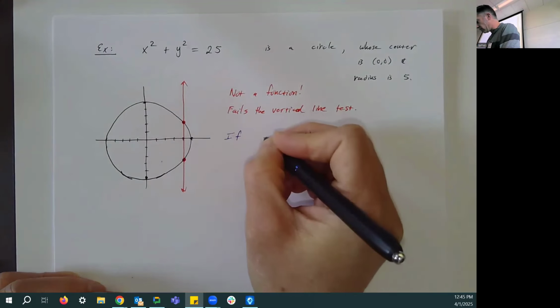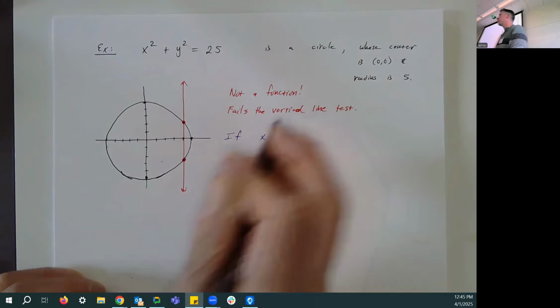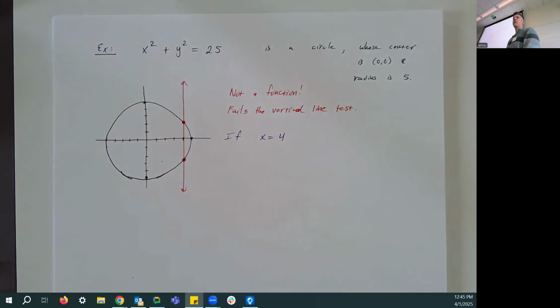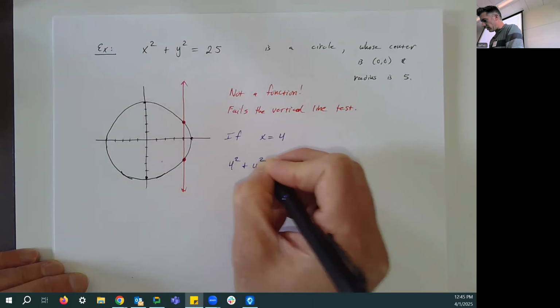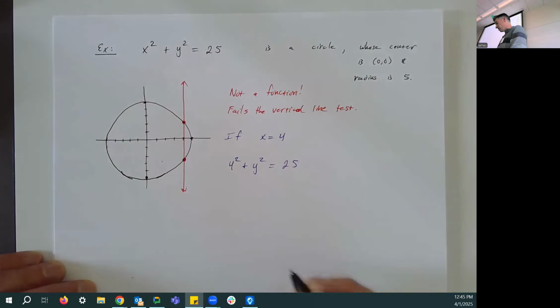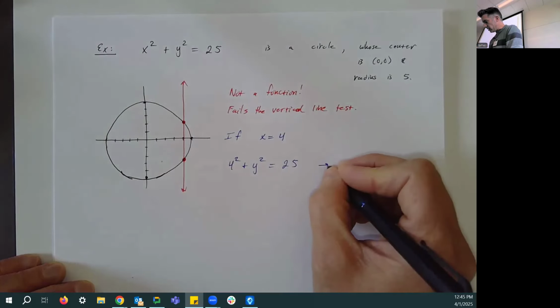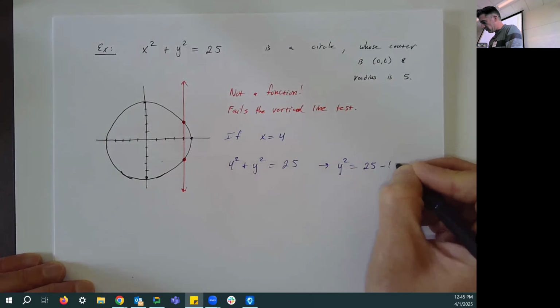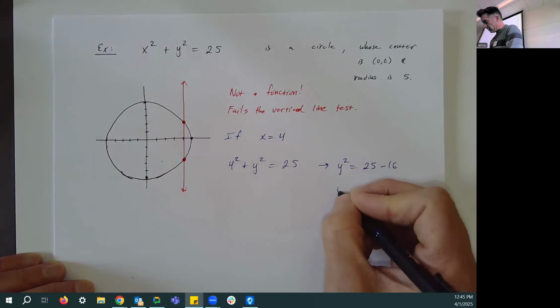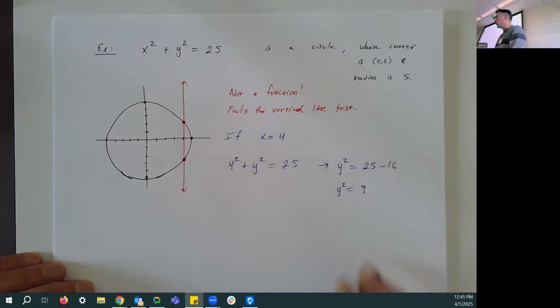If say x is equal to 4, what's the corresponding y value we get? Well, let's plug it in and find out. If x is equal to 4, we have 4 squared plus y squared equal to 25. I'm going to try and solve for y. So y squared is going to equal 25 minus 4 squared, which is 16. That's equal to 9. If y squared equals 9, what's y equal to?